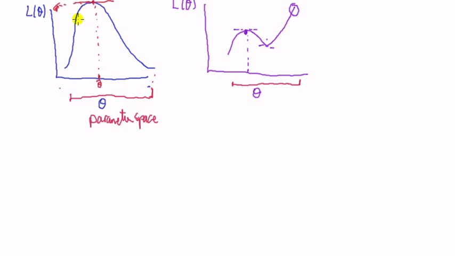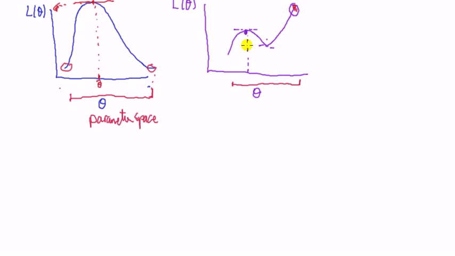So you can see that for the first case where we use the derivative method, that works because our solution is not on the boundary. It's not here, it's not here. It's what we call an interior solution. It's inside the parameter space. Whereas in this case here, our solution lies on the boundary. Okay, so obviously you're not going to be able to find it using the method of derivatives.